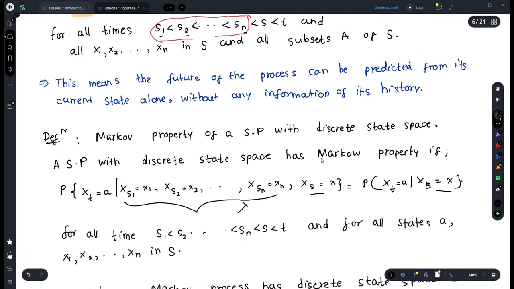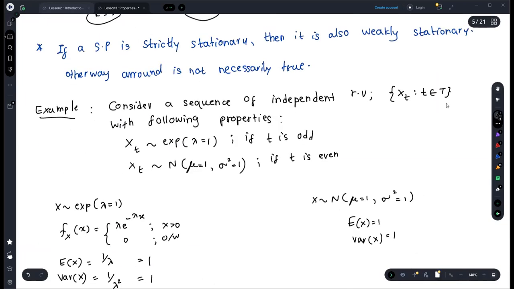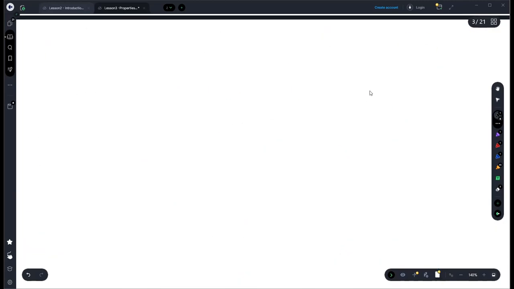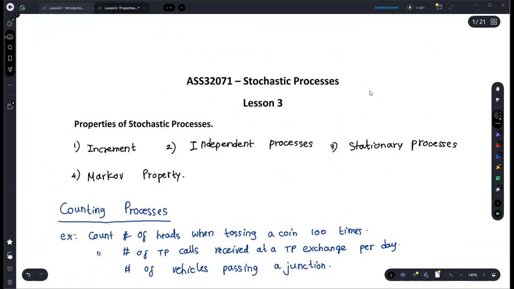So these are the special properties that you should know about stochastic processes. The increments, what is an increment? I hope you got it clearly. Then what are independent increments, right? Then we call them independent processes. And then we talked about stationary processes, both strict and weak. And finally, the Markov property.